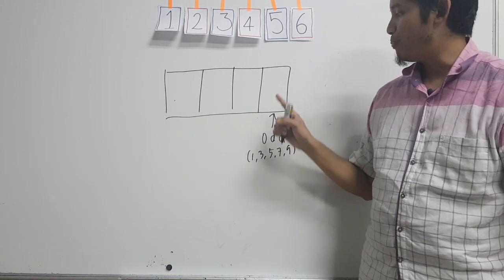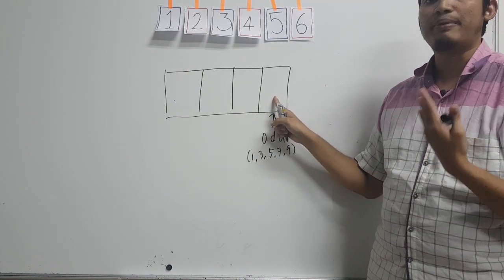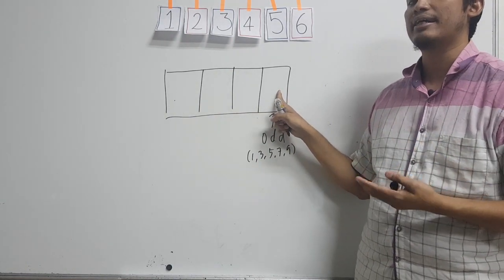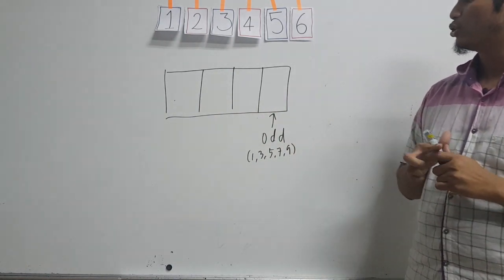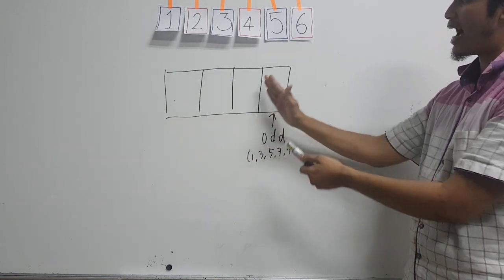If we put here 2, it becomes an even number. If we put here 6, it will become an even number. So an odd number is either 1, 3, 5, 7, or 9 at the last digit.